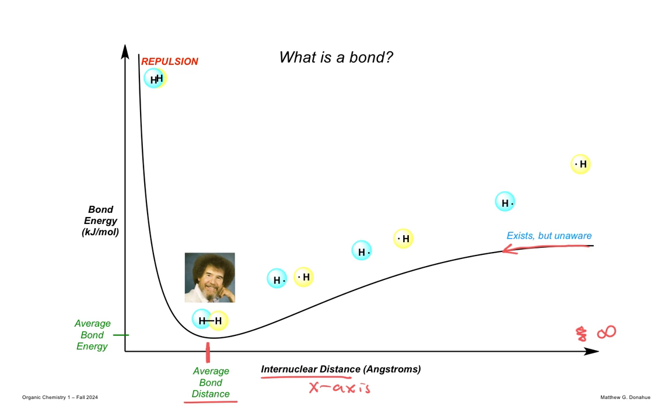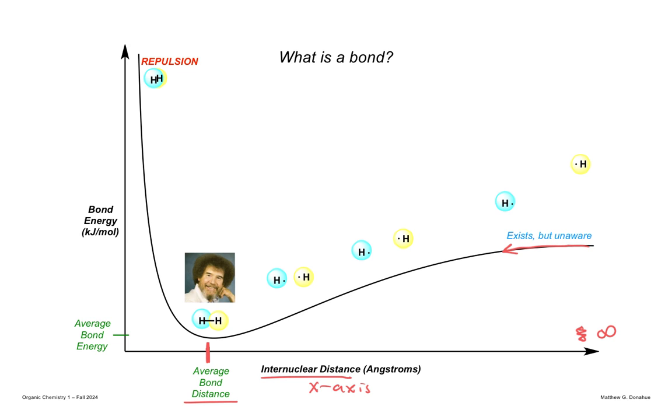But again, the bonds move. Everything has energy. And so the bond is not static. It's constantly moving. And so the distance is the average of how far it can move before it like breaks apart.